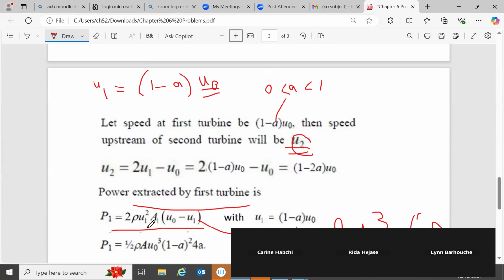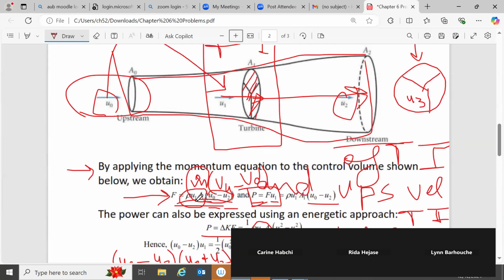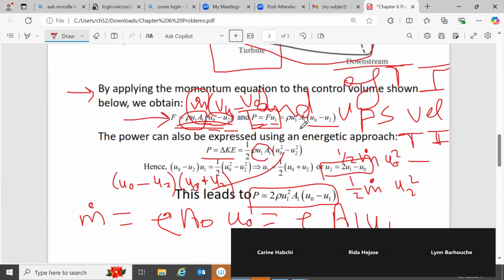And here, when we did the derivation together, we proved that the power can be written in 2 ways. Okay, you can use any of the 2 forms. When you write the power, the first form is rho U1 A1 times (U0 minus U2). Second form is P equal delta kinetic energy. So you can equate them.